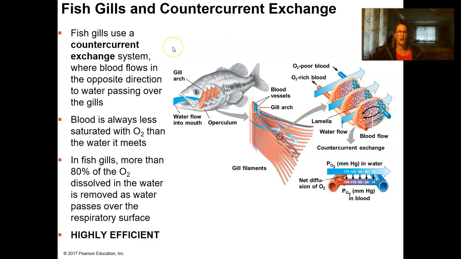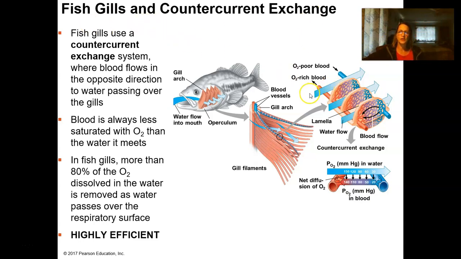But what you need to know is that the blood in the capillaries within the gills is moving in the opposite direction of the water flowing through the gills. So the blood is moving this way, and the oxygenated water is moving this way. You don't need to figure out how that functionally works through a gill. You just need to know that blood is moving one way and the water is moving the opposite way.